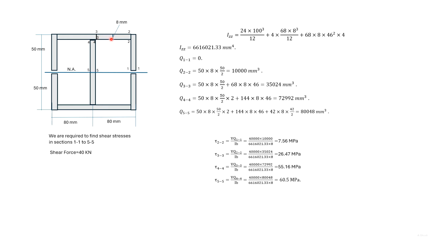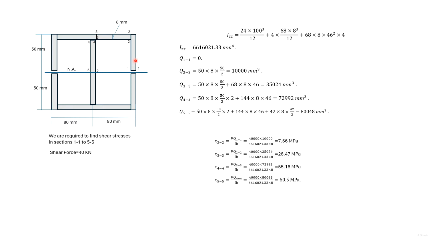For the horizontal leg, this distance is 80 millimeter. So we take 8 millimeter on the right side and 4 millimeter on the left side, and we get the dimension as 68 millimeter. To find out stress in section 4-4, the Q has to be taken of this whole portion.